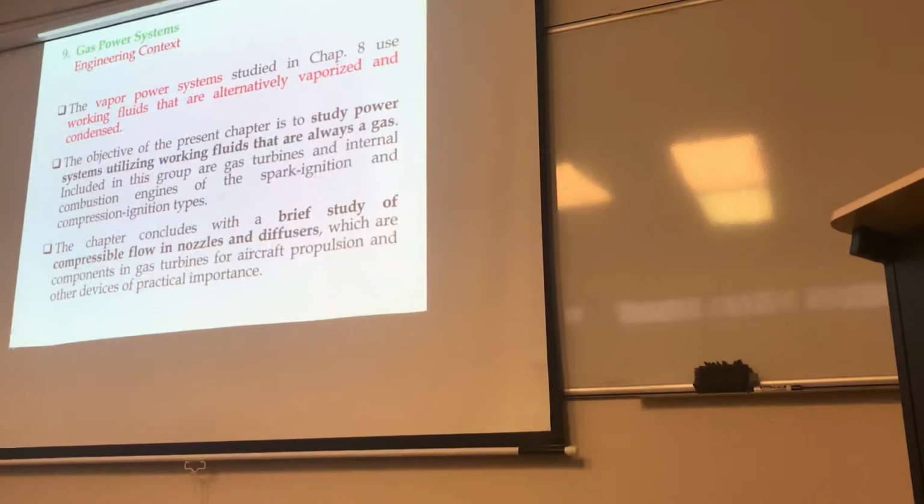The topic of this chapter 9 is similar to the topic of chapter 8 in the sense that both of these cycles are power cycles, meaning we're creating power out of them, except that in 8 we're creating power from water vapor, now we're creating it from gases, right, combustion gases.